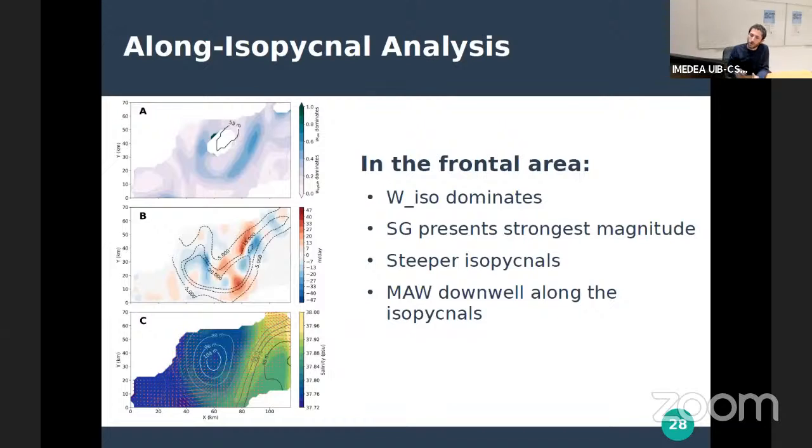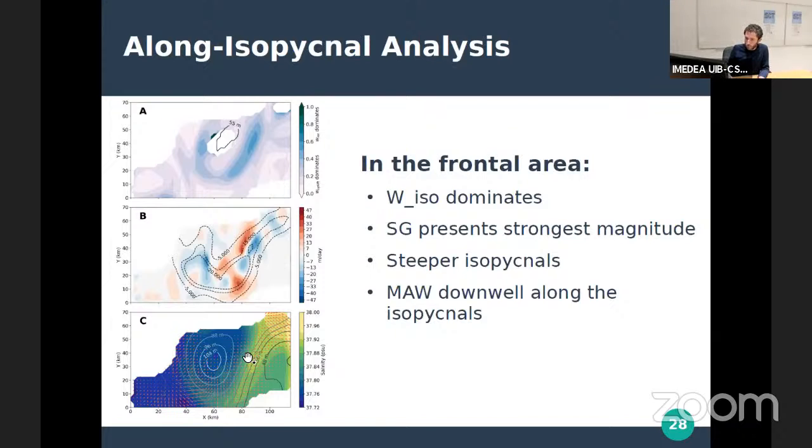So we can see how in the front area the along-isopycnal component is the one that dominates. And you can see in the B plot the total vertical velocity from SG. This along-isopycnal velocity is stronger exactly in the same place where SG is also giving us the strongest magnitude.